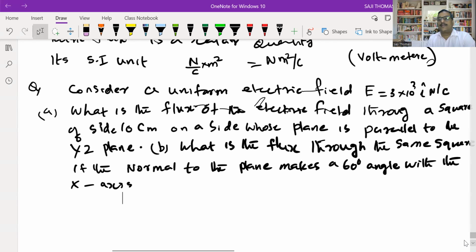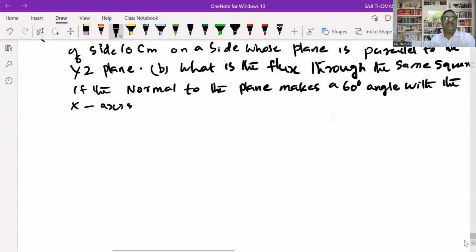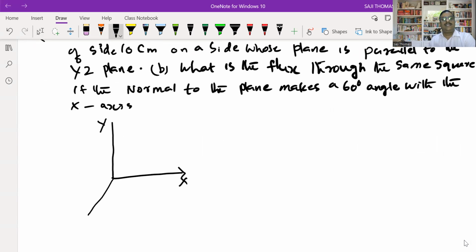I'm drawing the diagram here. Take this as the x-axis, this as the y-axis, and this as the z-axis. The electric field is along the x direction, because it is given as 3 into 10 raised to 3 i hat, so the field is in this direction.